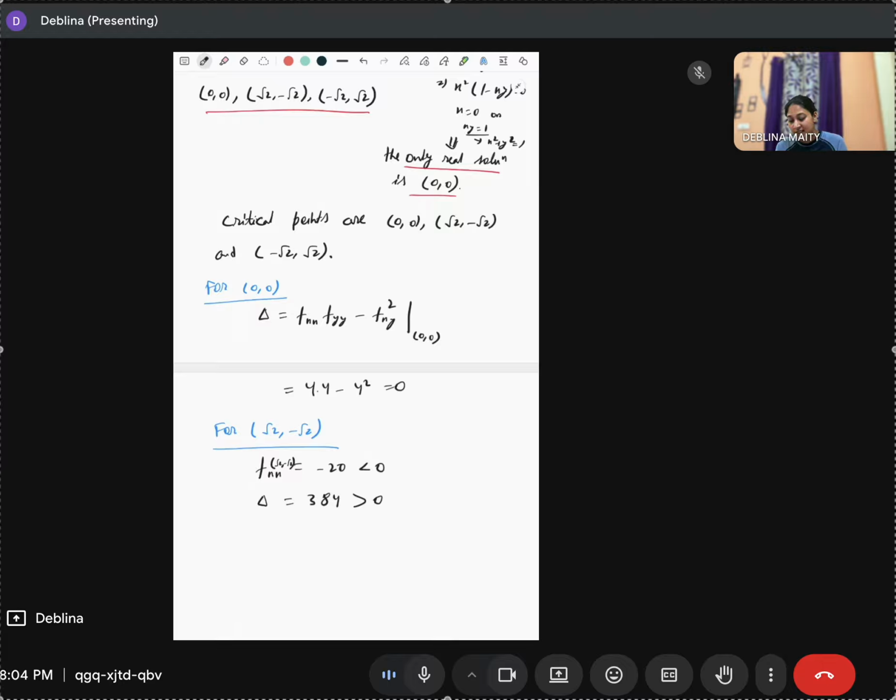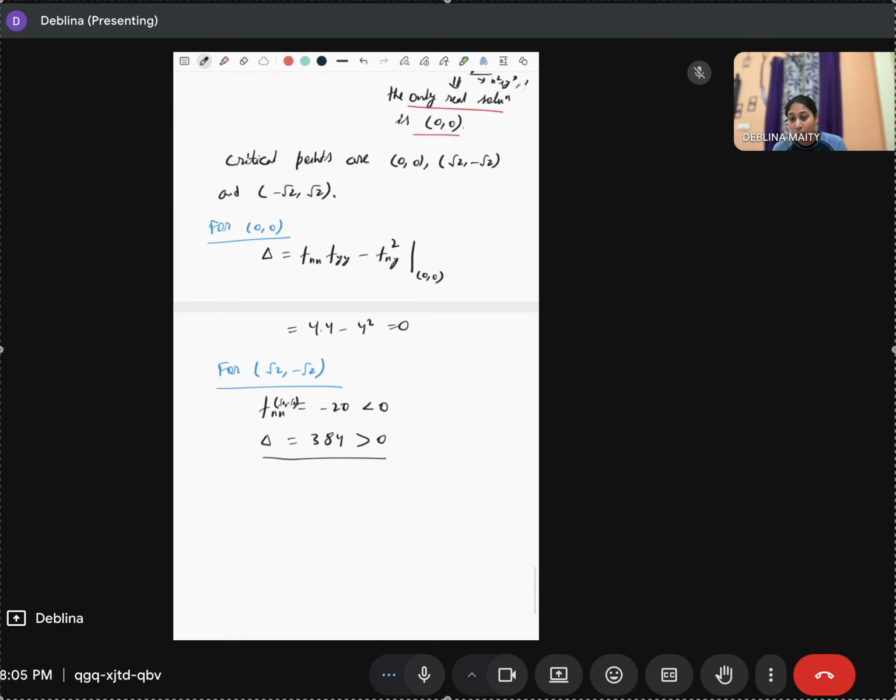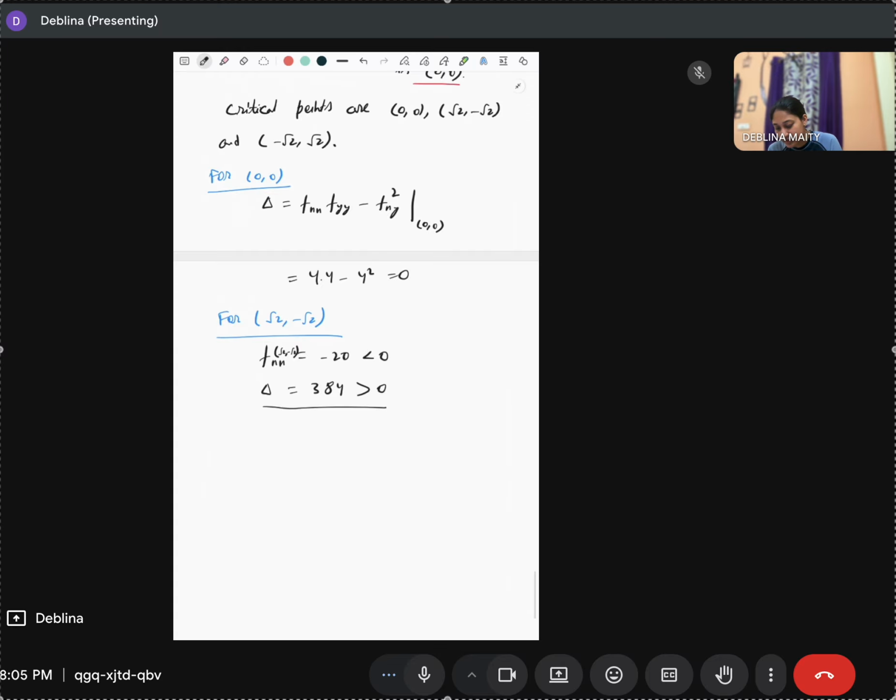So our delta is greater than 0. This means it is not a saddle point. Now fxx is less than 0. This means it is a point of local maxima, right? So root 2 minus root 2 is a local maxima.